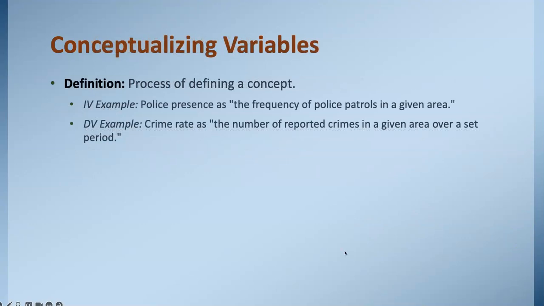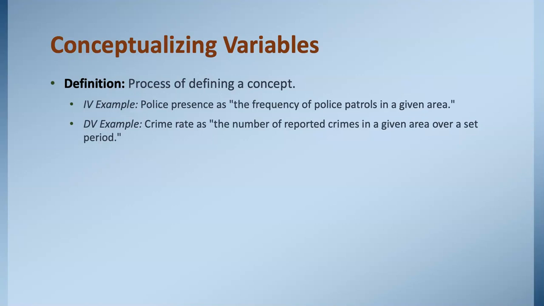Let's look at what you're doing within your discussion and your assignment. As I said, you're going to conceptualize and operationalize the variables that you choose for your study. Be aware that these could change as you move through your research and start really developing your methods.